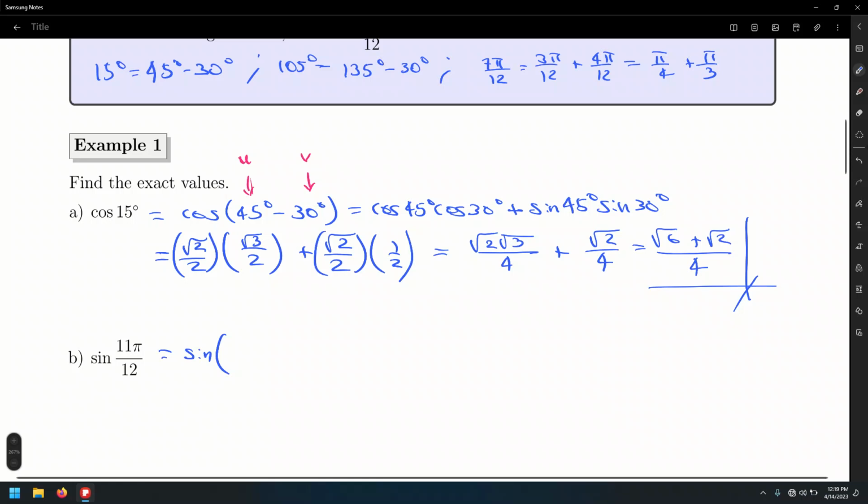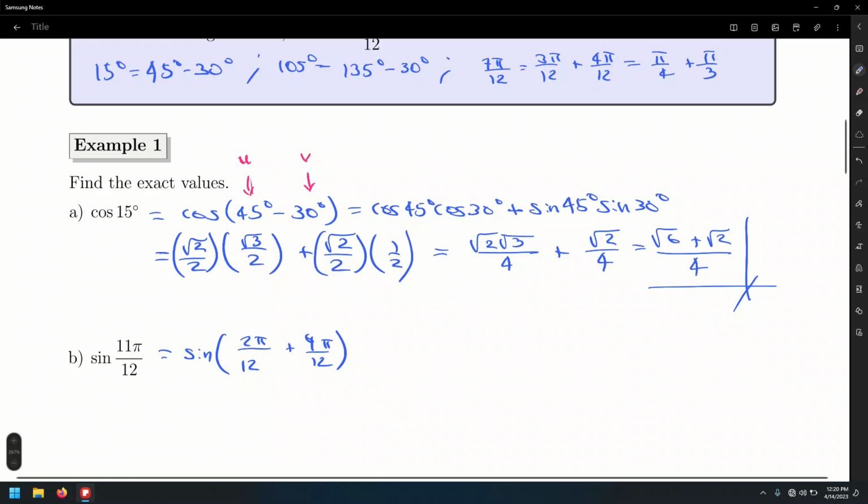Well, let's see. How about 2 pi over 12 plus 9 pi over 12? Well, that works: 2 pi over 12 is pi over 6, and 9 pi over 12 reduces to 3 pi over 4, which are both okay angles, right? So that's one way to go about it. However, I think I'm going to go with an easier way this time.